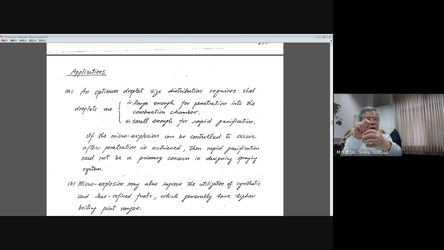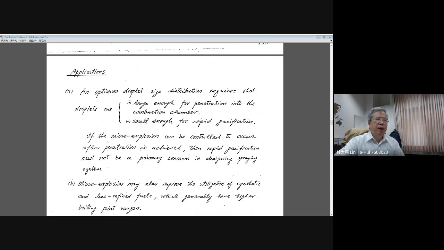In this period, because now you are using a multi-component fuel, the low boiling point fuel inside of your large droplet already becomes a vapor and builds up the pressure. At this moment, they start to have an explosion. When they have a micro explosion, that means this big droplet produces so many tiny droplets. They make possible the replication and combustion in this region. Okay, this is the idea.